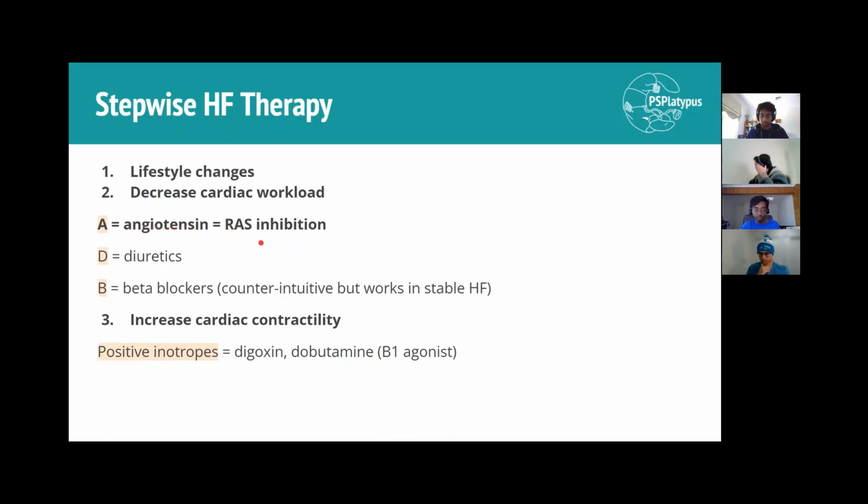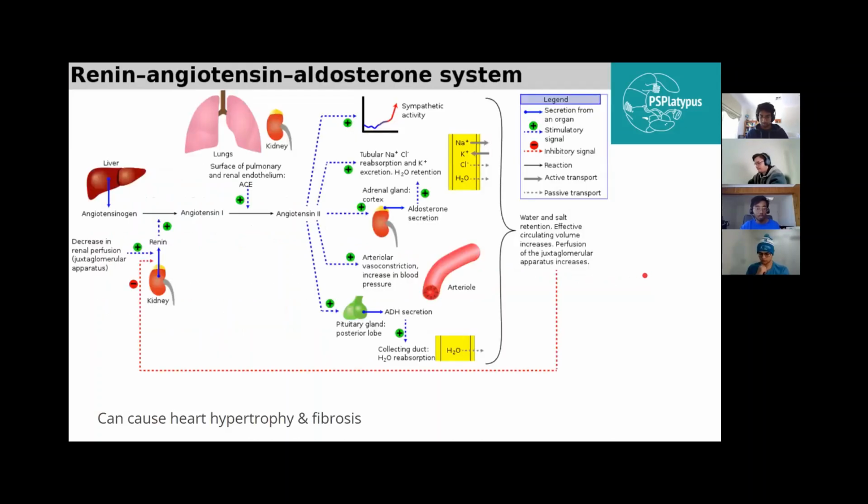The first one I'm going to talk about is the angiotensin system. Super quickly, this is the renin-angiotensin-aldosterone system. You'll go into more depth in this later. I just want you to know that there's a big system where renin plays a role, angiotensin plays a role, and angiotensin is converted to angiotensin II thanks to something we call ACE, released by the lungs and the kidneys.